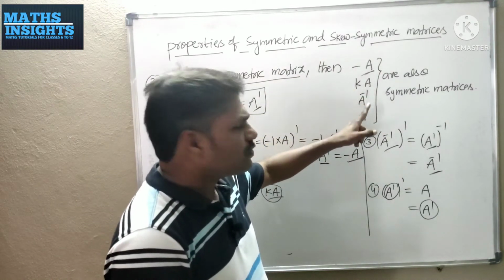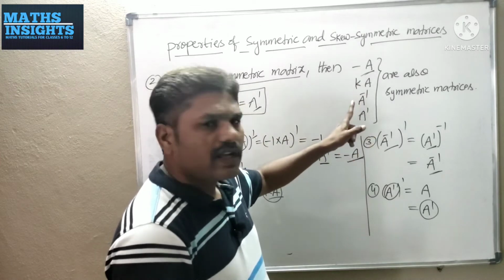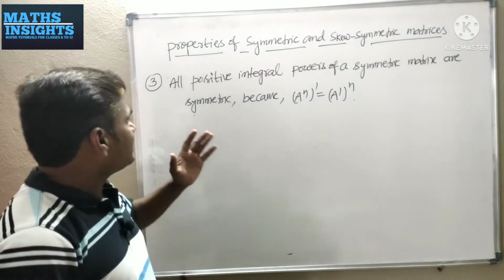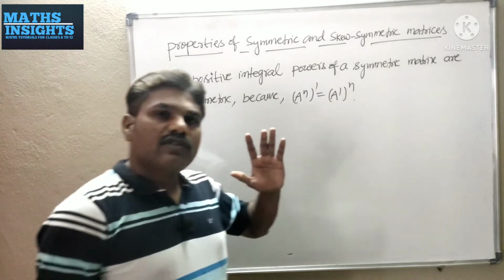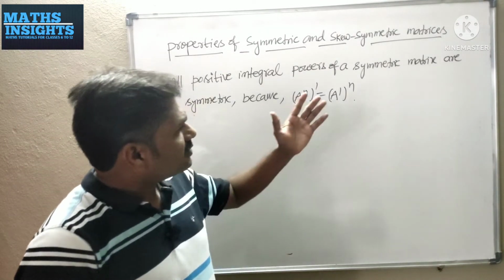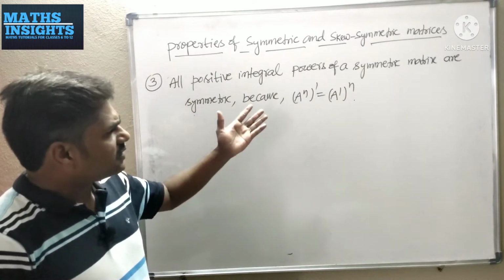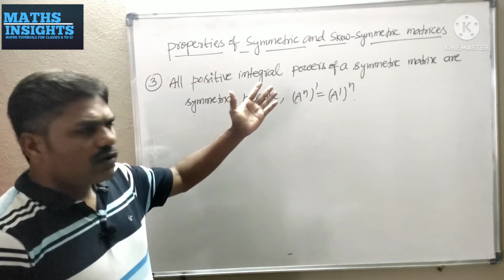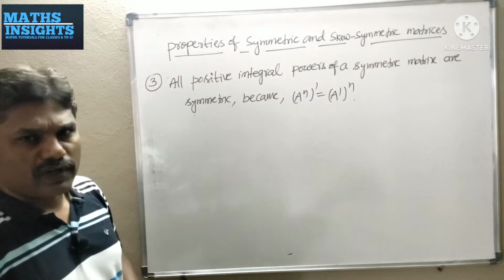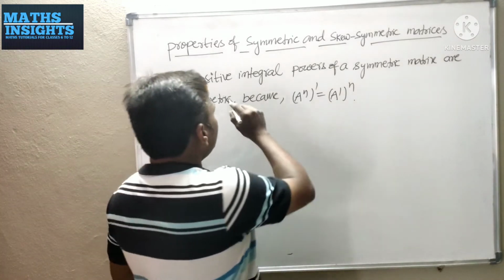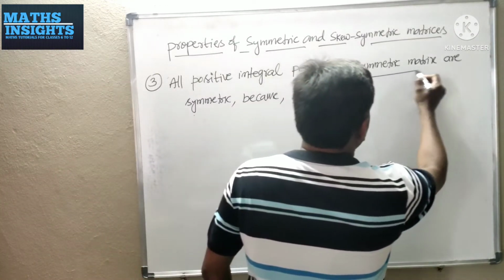Minus A, K into A, A inverse and A dash. Property number 3 says that all positive integral powers of a symmetric matrix are symmetric. Why? Because A power n whole dash is equal to A dash whole power n. What they are saying is all integral powers of a symmetric matrix.